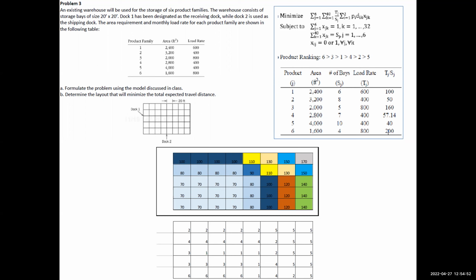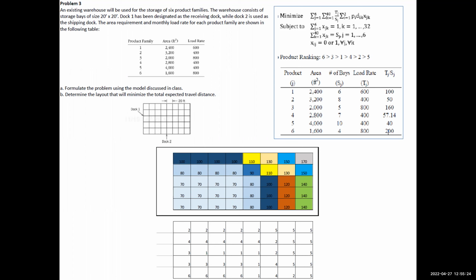Using the information that's given, we have for each product the area, the number of bays, and the load rate. We can use the load rate and the number of bays to compute the ratio Tj over Sj. Then we rank the products according to this ratio, going from the largest to the smallest. That will be 6, then 3, then 1, then 4, then 2, and then 5.